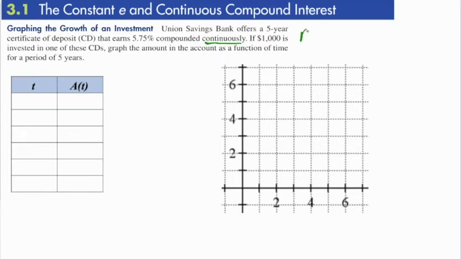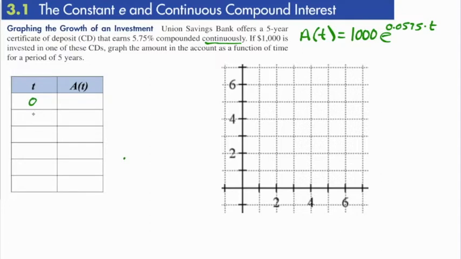So we're going to say amount as a function of time is equal to the initial investment of 1,000 multiplied by a base of e raised to the interest rate, 0.0575 times t, because we want to write this as a function of time.